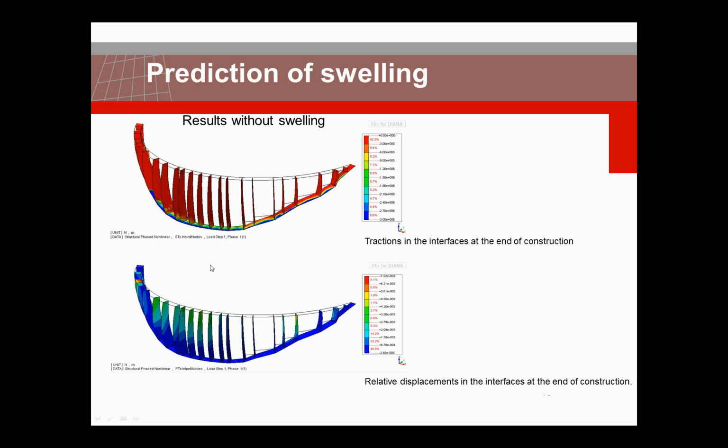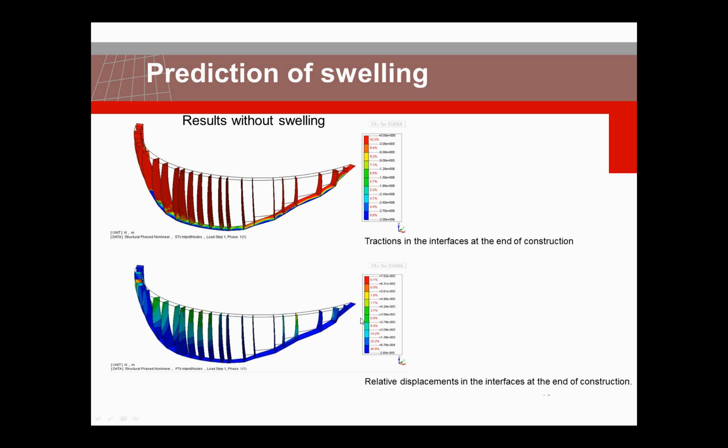In the same condition, the same time step, you see here the relative displacements. So where the interfaces are closed, they can transfer compressive stresses. The displacements will be negative, very slightly negative or close to 0. That's dark blue. And when they are opened, there will be an opening.